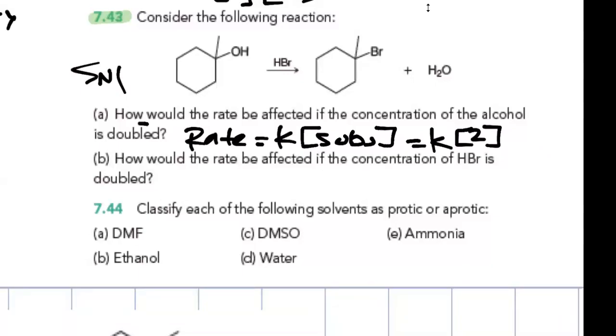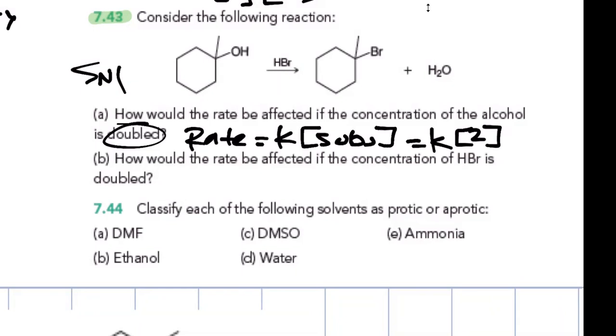It'll be 4. Well, it can't be 4 because I'm not multiplying this by anything, right? So if I double this concentration, then the rate should also double. Whatever I do to the concentration of that substrate, that's what's going to happen to the rate.